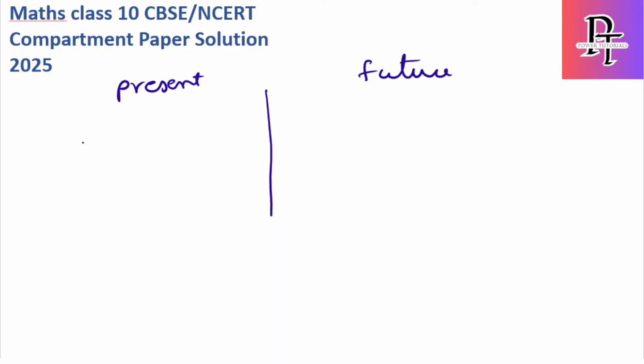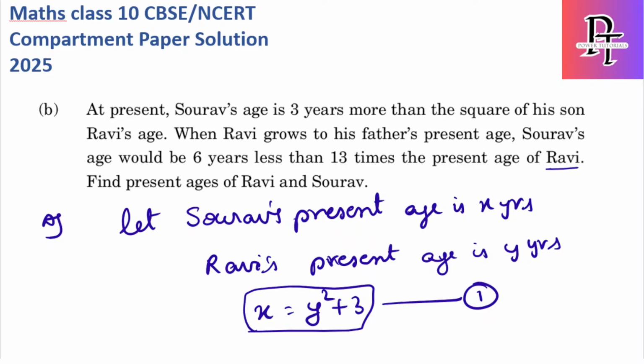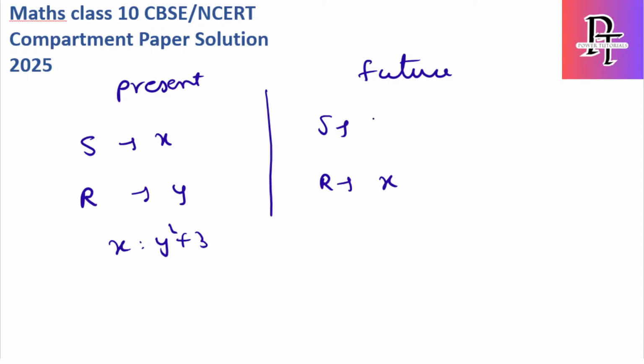So we have Saurav and Ravi. Saurav's present age is x, Ravi's present age is y, and we have one relation as well, x is equal to y square plus 3. So what is in future? Now Ravi's age will become x, and Saurav's age will be 6 years less than 13 times the present age of Ravi, so 13y minus 6.